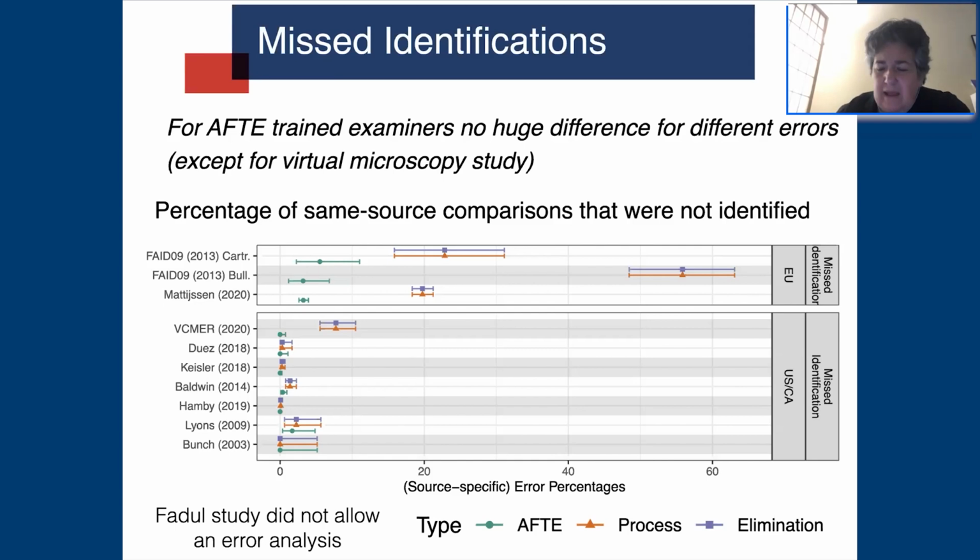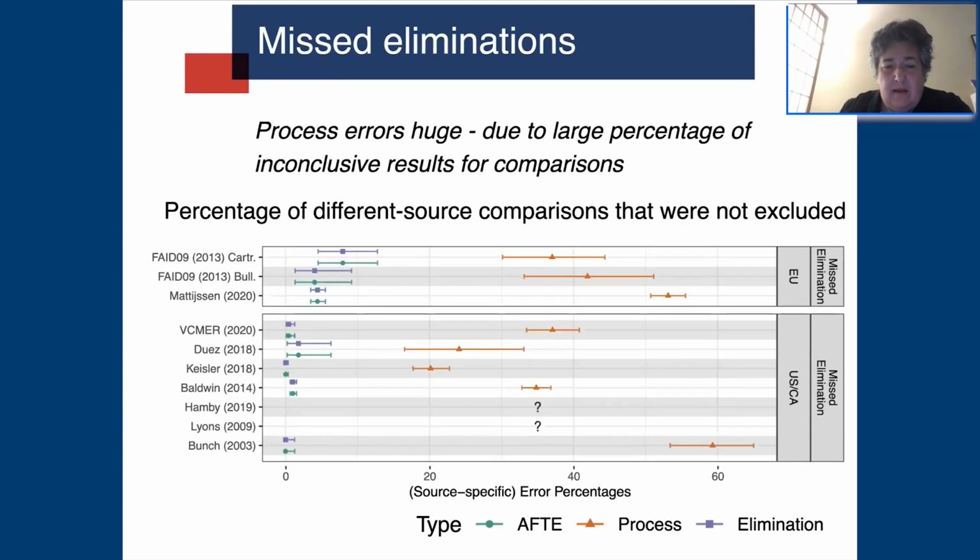So how does that look for different source comparisons? And here you can see that the process errors are really big. That's because there's so many inconclusives. And it also turns out that most of these inconclusives were actually made on comparisons that were from different sources.